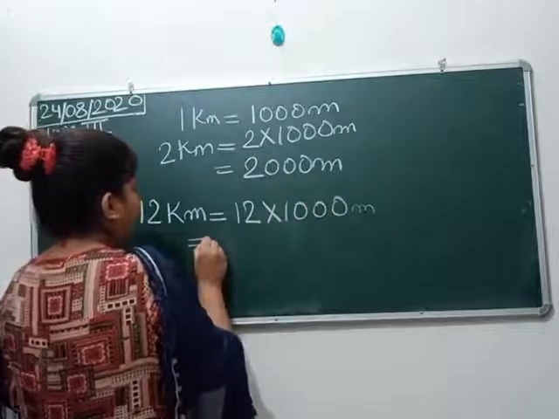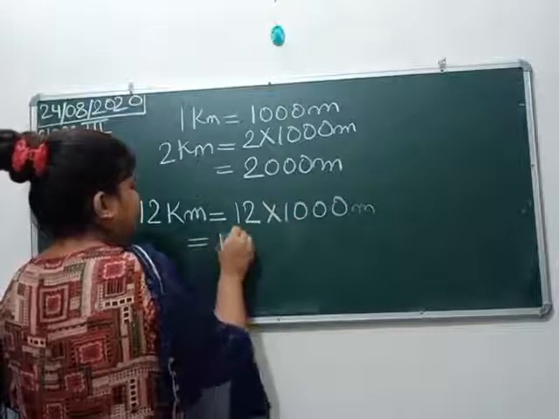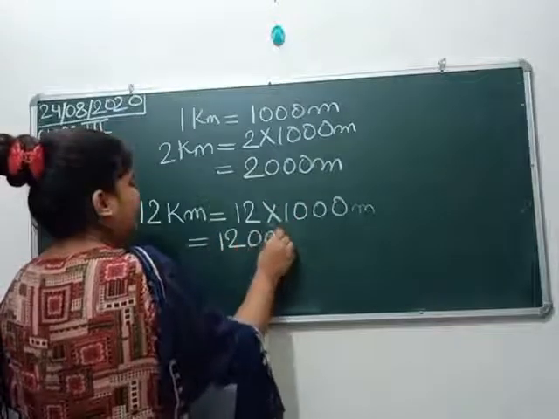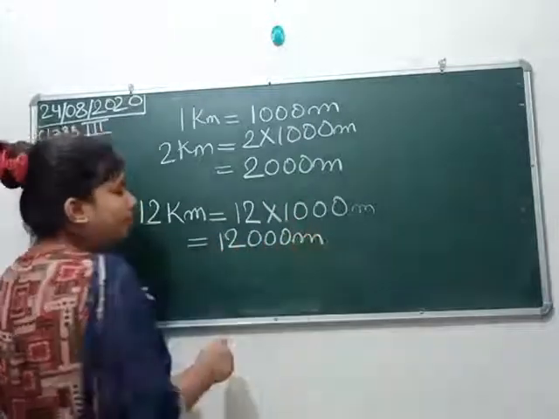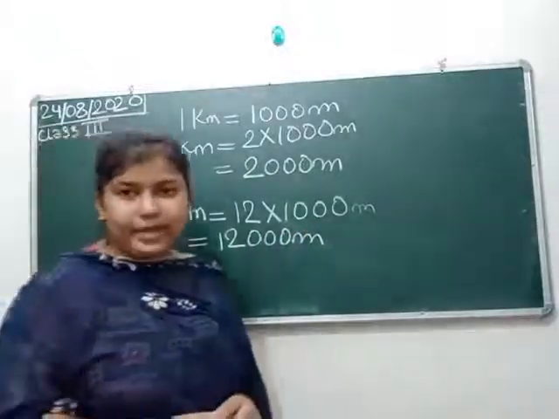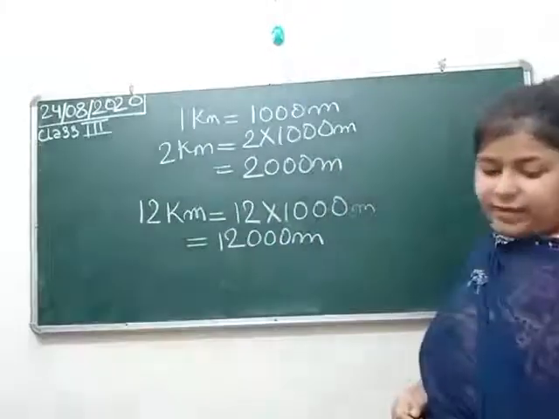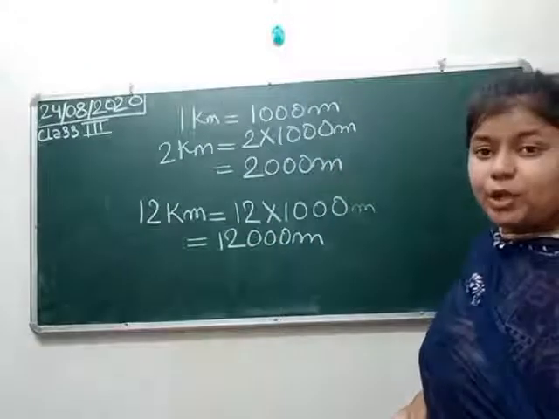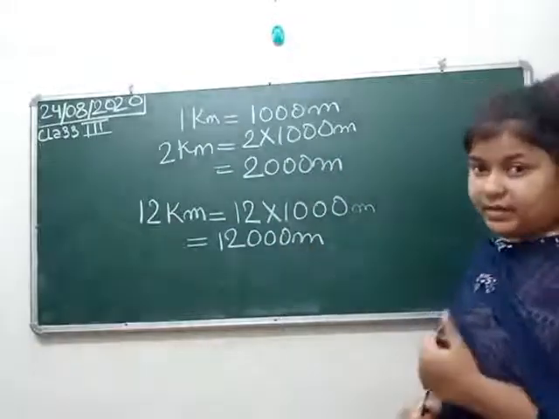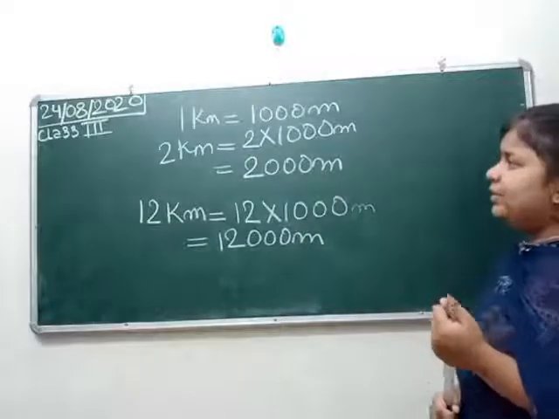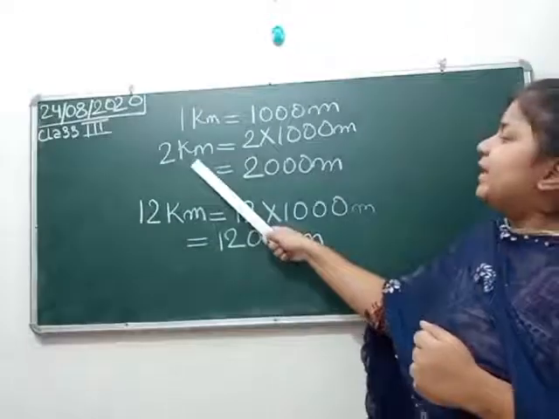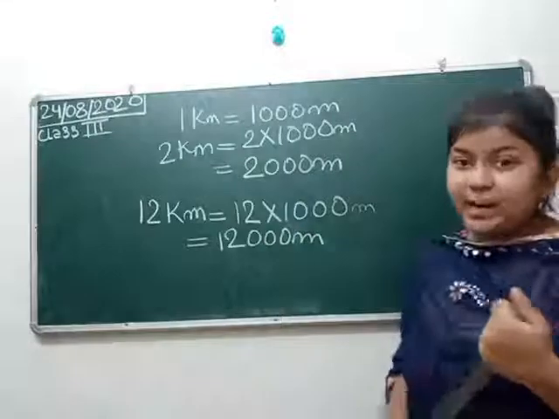Now 12 into 1000 meter means 12,000 meter. Okay, so what happened? Here we have completed this conversion of kilometer to meter, but as you can see, here only the kilometer part is given, the meter part is missing.